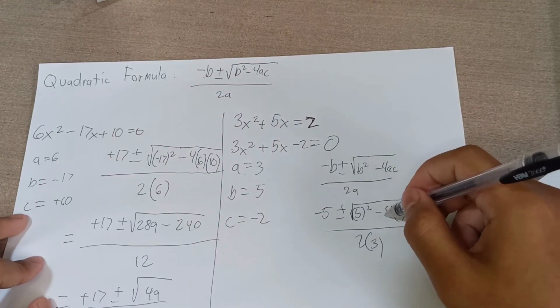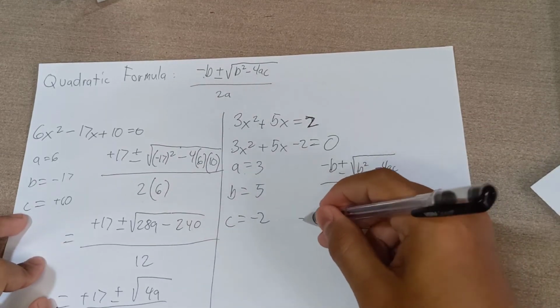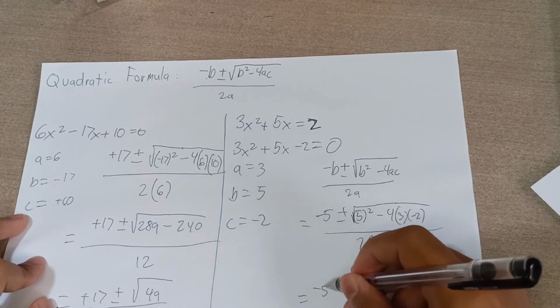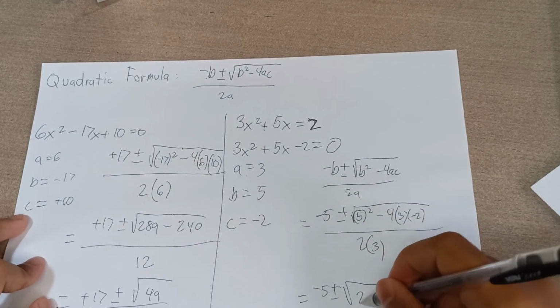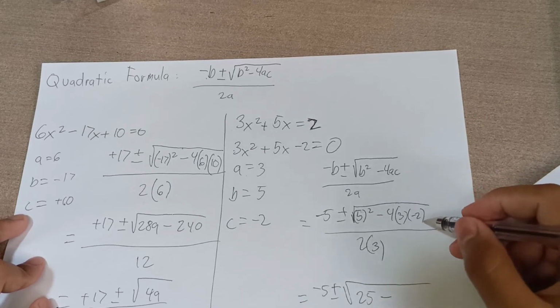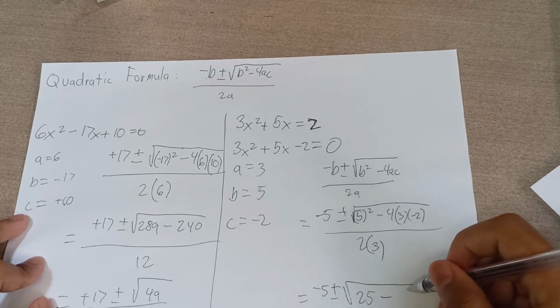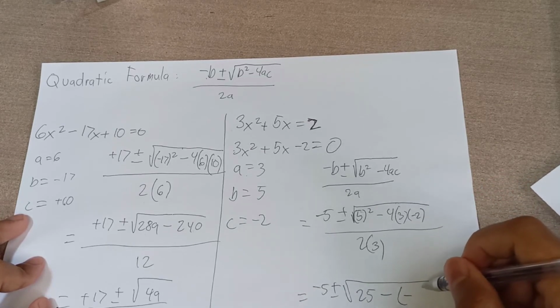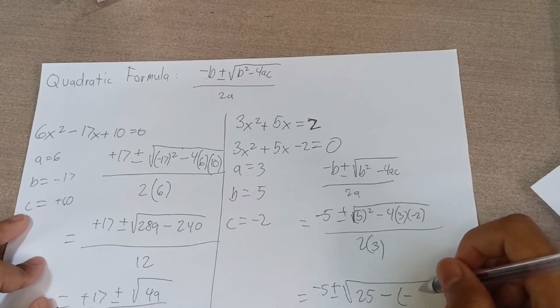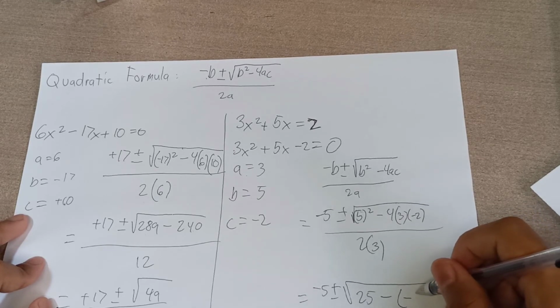We simplify this part. It will be 25 minus negative 24.